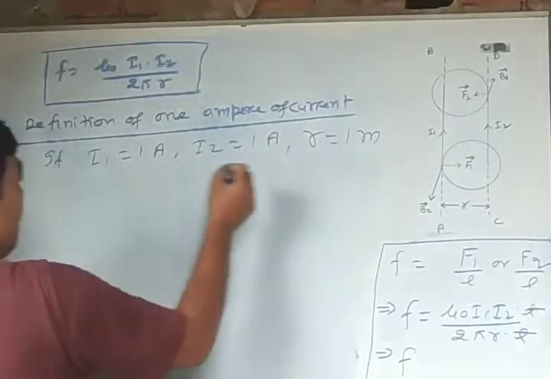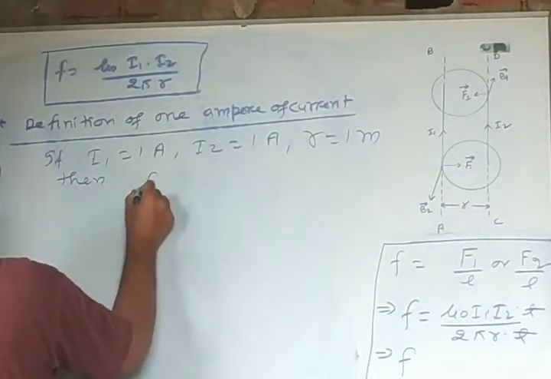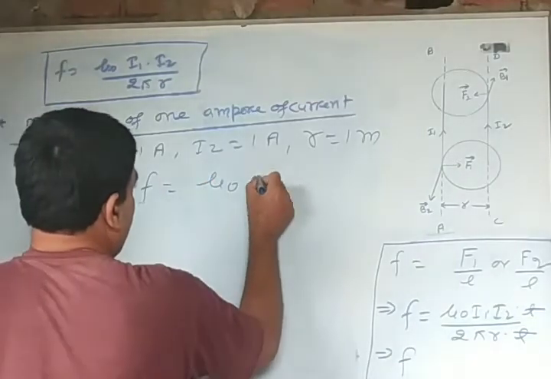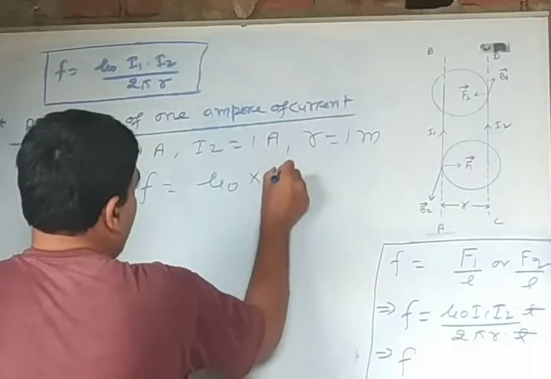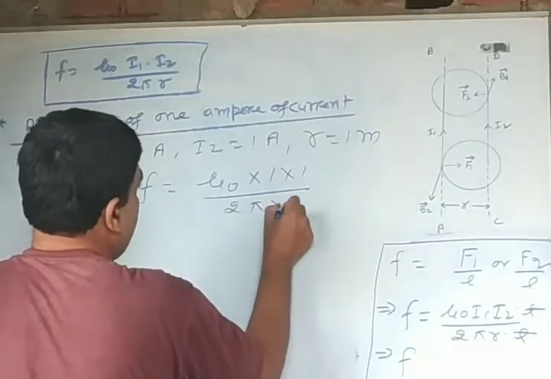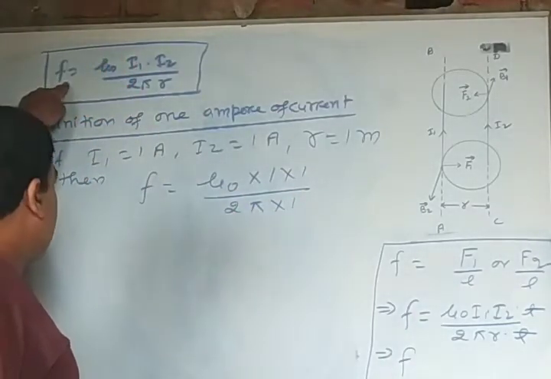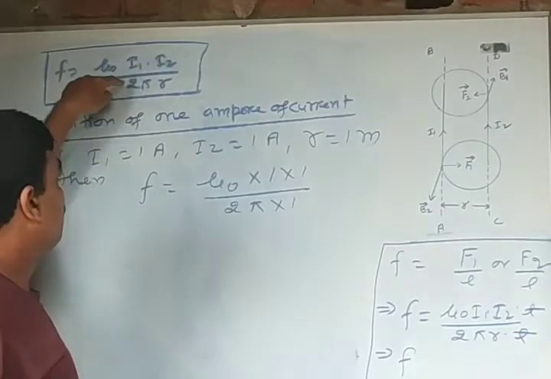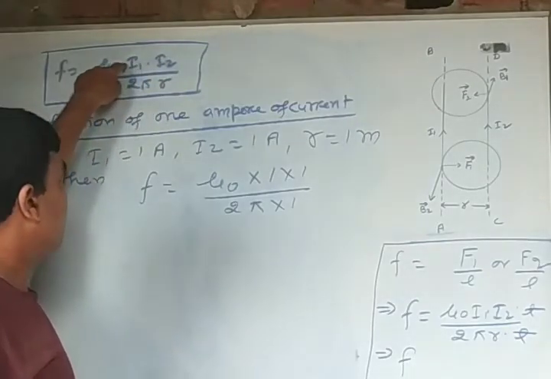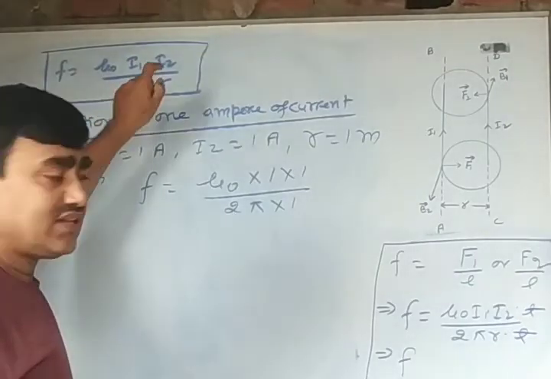Then F is equal to mu naught into 1 upon 2 pi into 1, because F is equal to mu naught I1 I2 upon 2 pi R, with I1 equal to 1 ampere, I2 equal to 1 ampere, R equal to 1 meter.